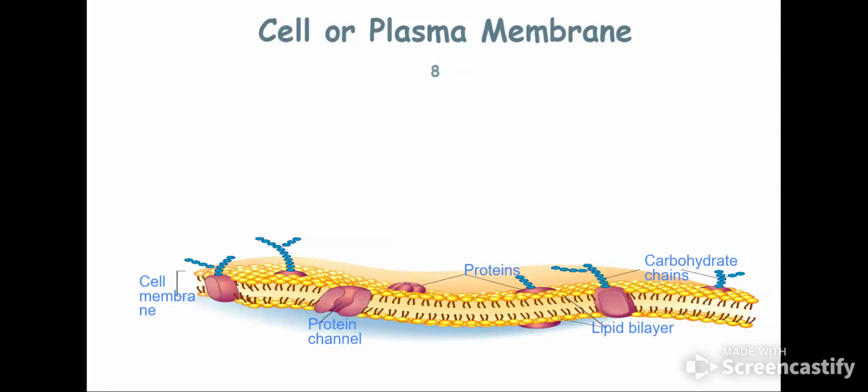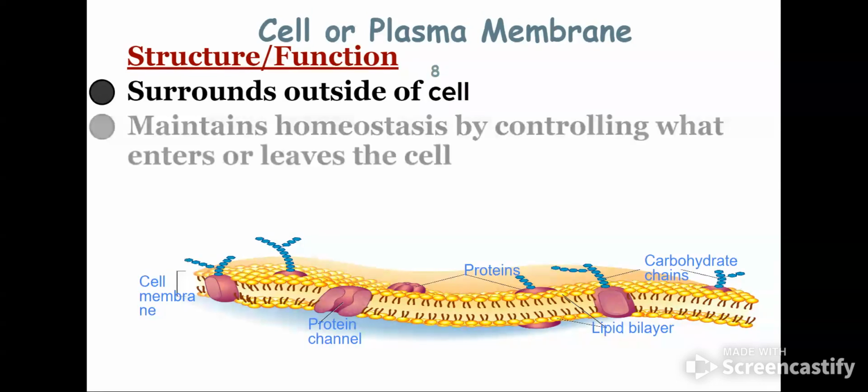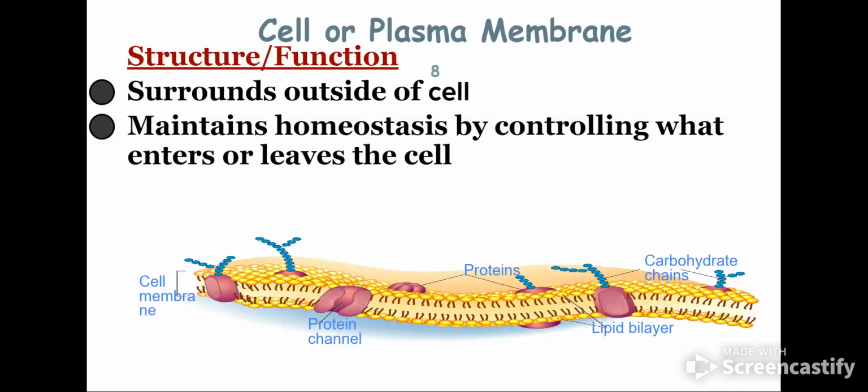Right, so the first organelle we're going to talk about is the cell membrane, which is also called the plasma membrane. Its structure and function: it surrounds the outside of the cell. Its function is it maintains homeostasis by controlling what enters and leaves the cell.